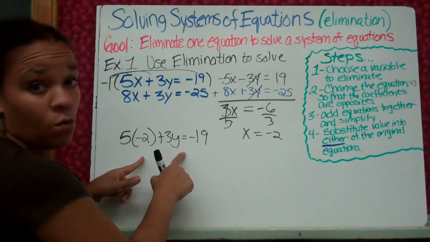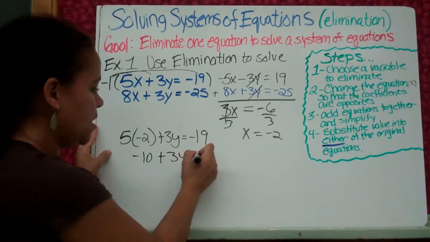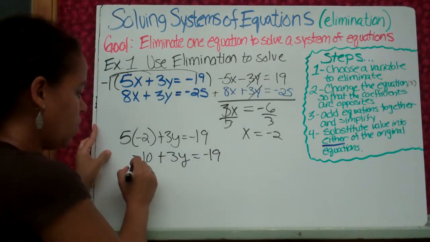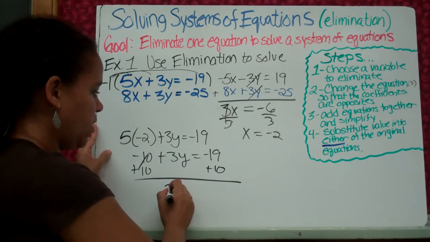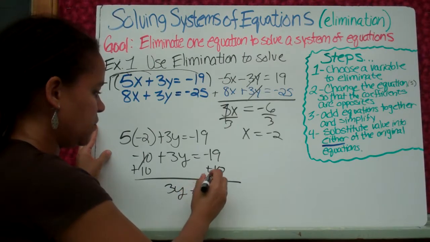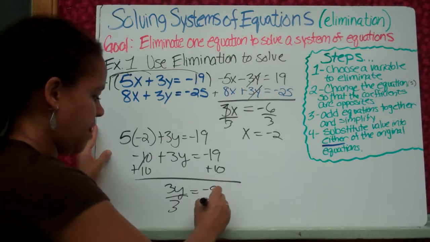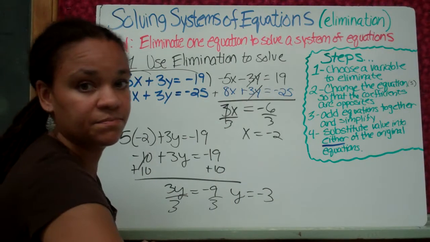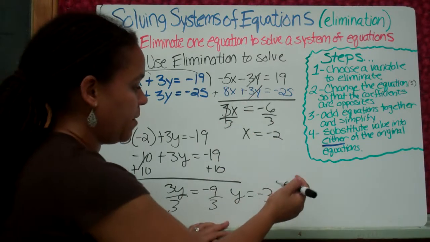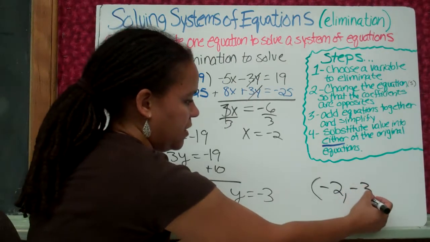I'm trying to solve for y now because I need the ordered pair. -10 plus 3y is equal to -19. We're going to add 10 to both sides. 3y is equal to -9. Divide by 3, divide by 3. y is equal to -3. All right, so my ordered pair, my final answer, would be (-2, -3).